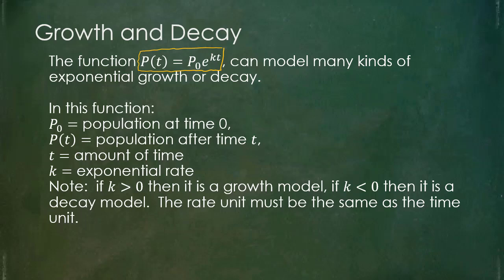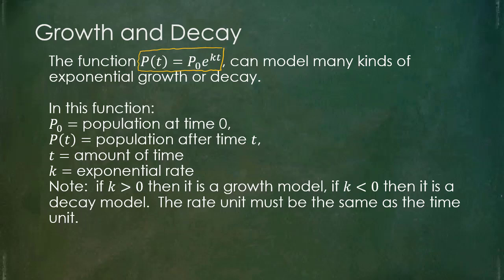The P of t, on the other side of the equal sign by itself, would be the population in the end, or at some specific time t, which is representing the amount of time. K is either your growth or decay rate, so that's your exponential rate of growth. If k is positive, we know it would be a growth model.